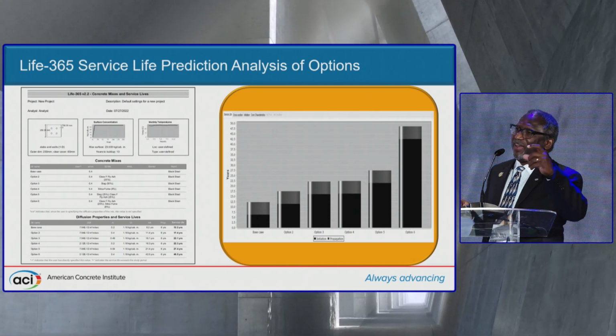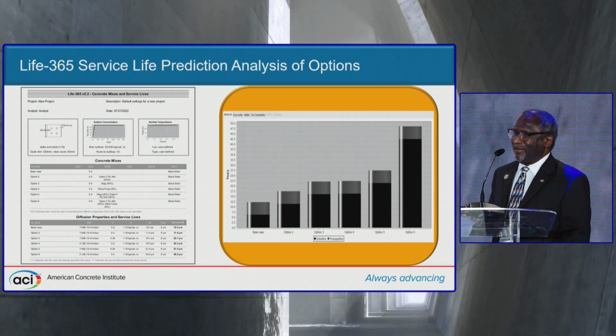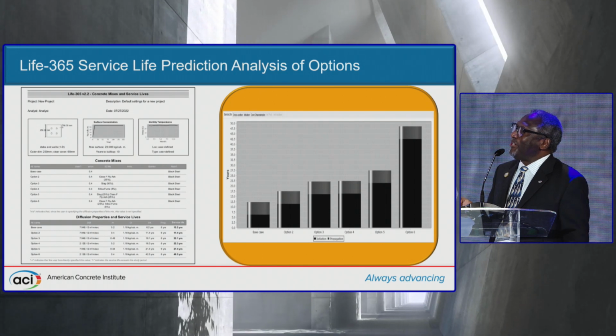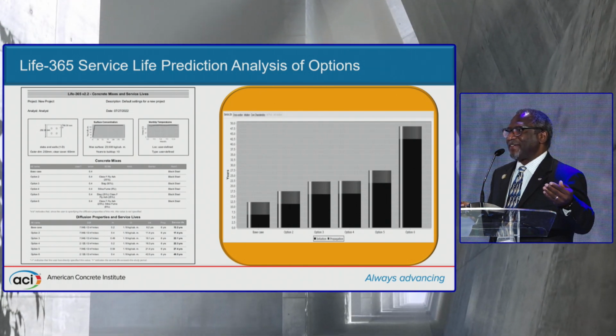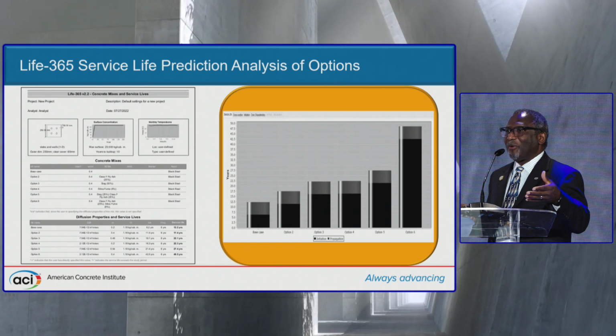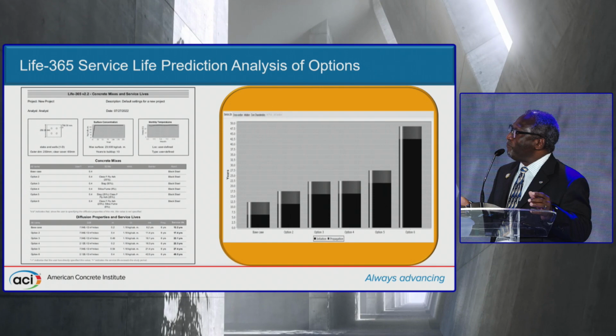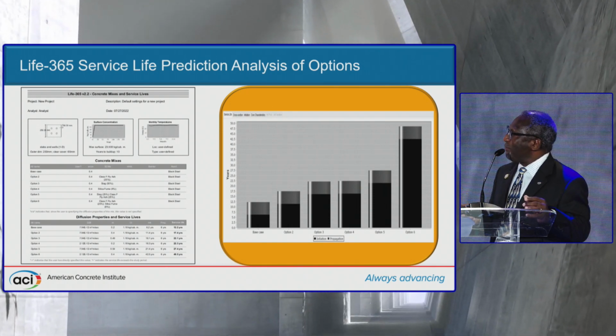The time to repair is typically 6 years from when corrosion actually initiates. So this is something you can use to assess the corrosion service life of different options that you have for concreting. And this is looking at the options without corrosion inhibitors.